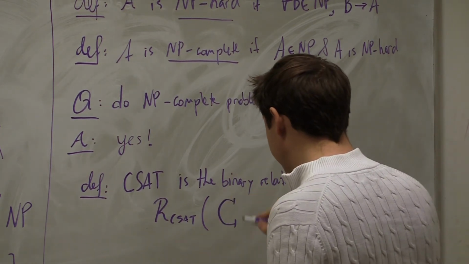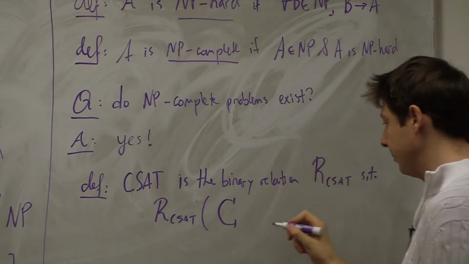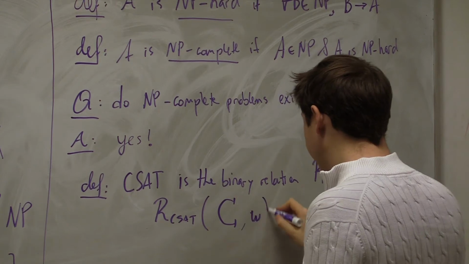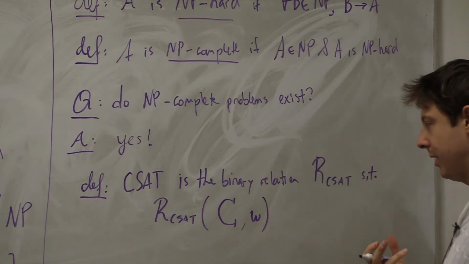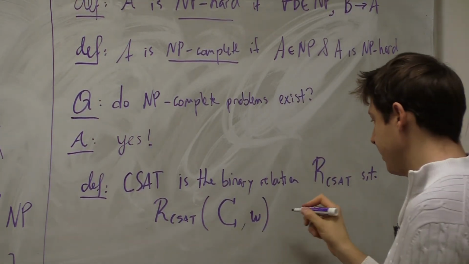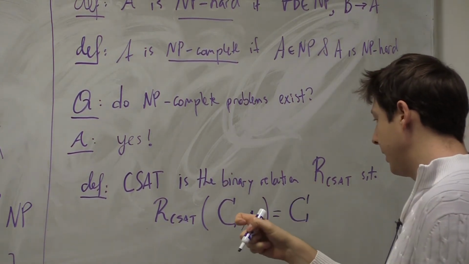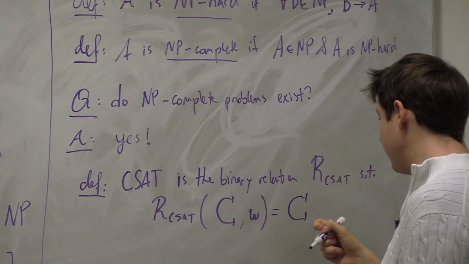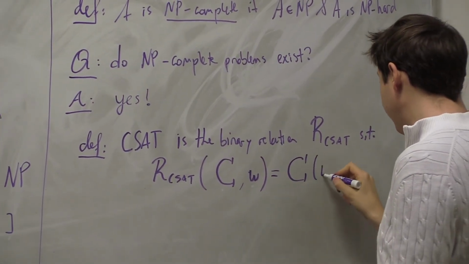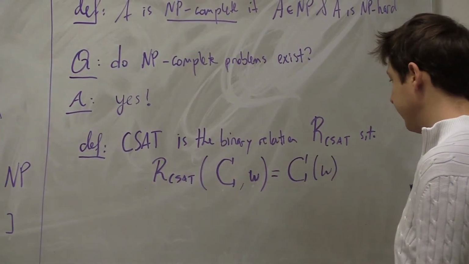It's going to be a Boolean circuit. We defined Boolean circuits last time. An input for it. Well, last time we hard-coded the inputs into the Boolean circuit, but we can consider it as a separate object. And an instance X and a witness W is in the relation if C of W equals 1.